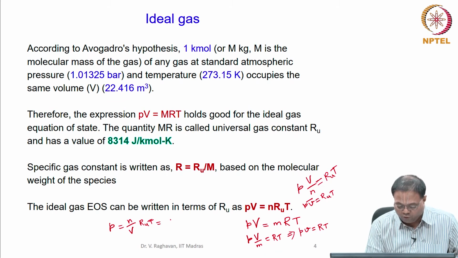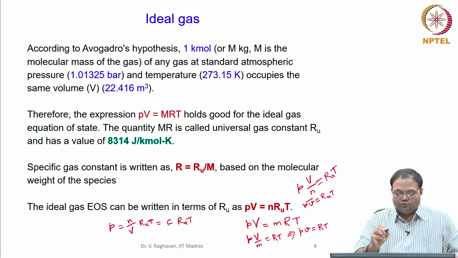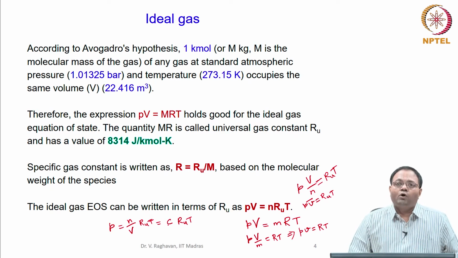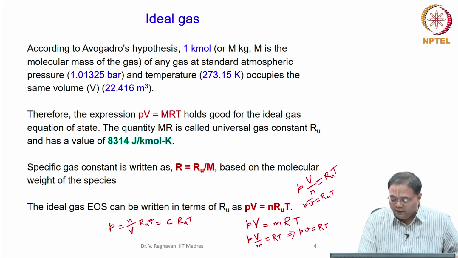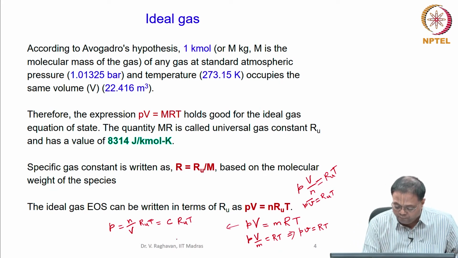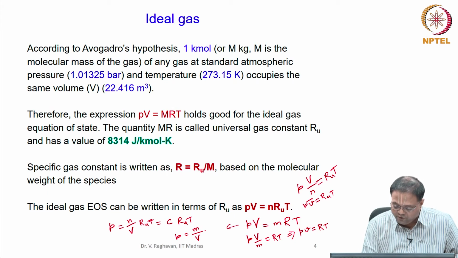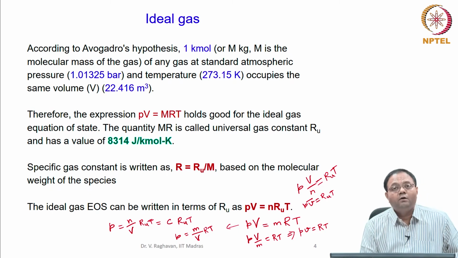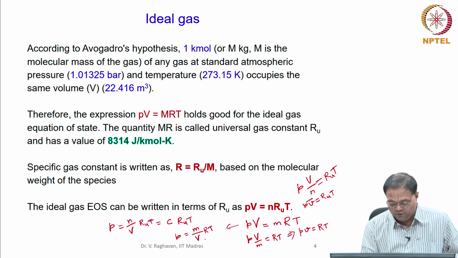So, this can be written as concentration times R U times T, where C is the concentration, that is, the number of moles occupying a given volume V. Similarly, I can write P, taking V to the other side, equal to M by V times R times T. This M by V is kg per meter cube, that is the density. So, it is equal to density rho, times R, the specific gas constant, times T.